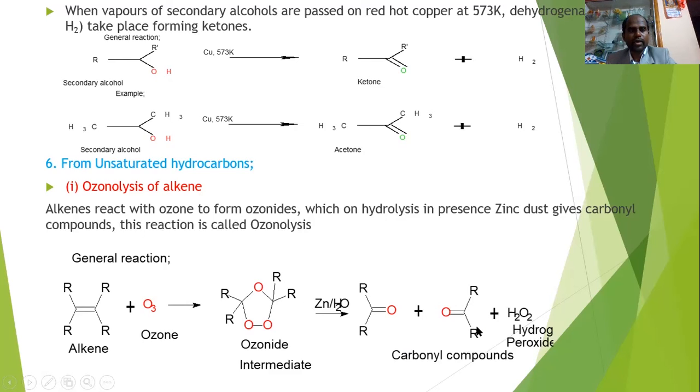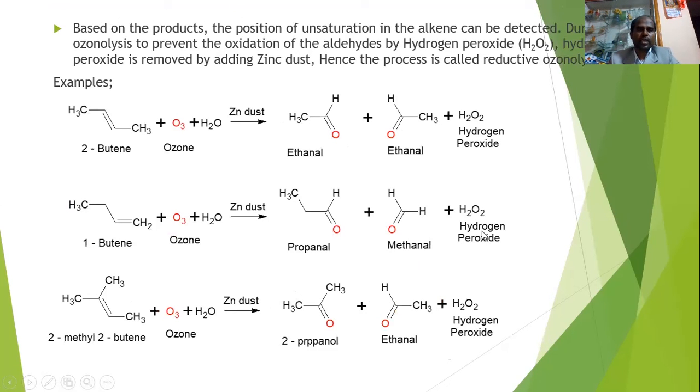Let's look into the examples. Here one usefulness of ozonolysis is that, based on the obtained product, we can also predict the nature of the double bond present in the reactant. That is the advantage of ozonolysis.